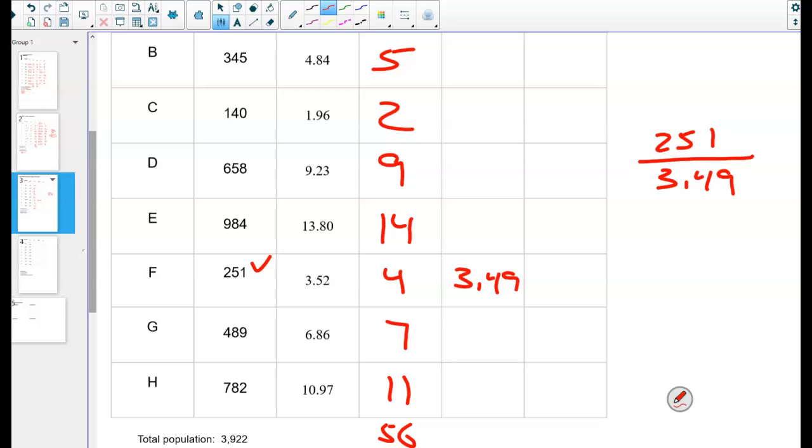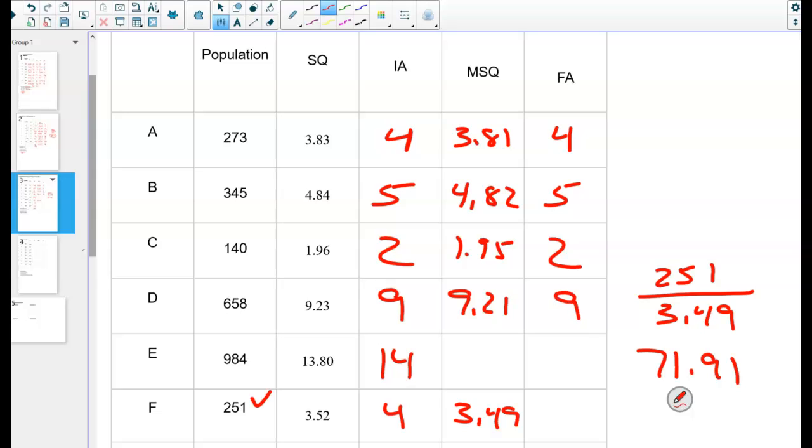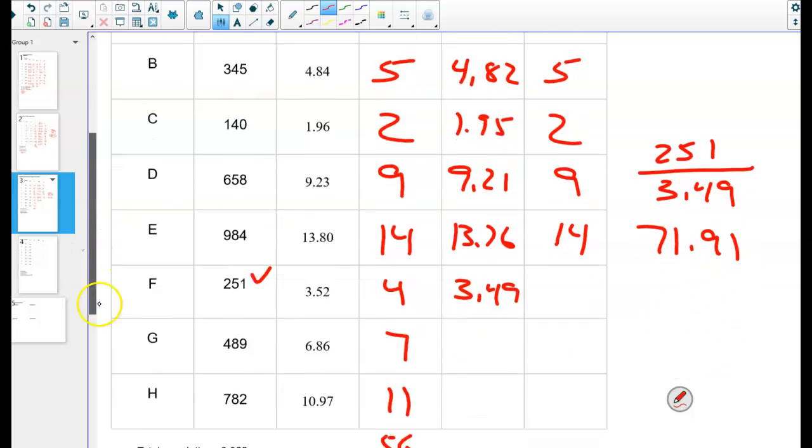What do you got, Mary? 71.91. Very good. Okay. Now, it basically moves everything a little bit down. 3.81 stays 4. 4.82 stays 5. 1.95 stays 2. 9.21 stays 9. 13.8 might come down to like 13.76, but it's still going to stay with 14.